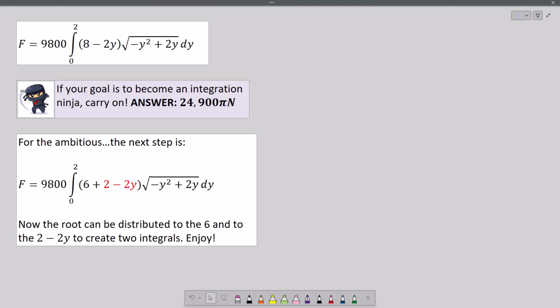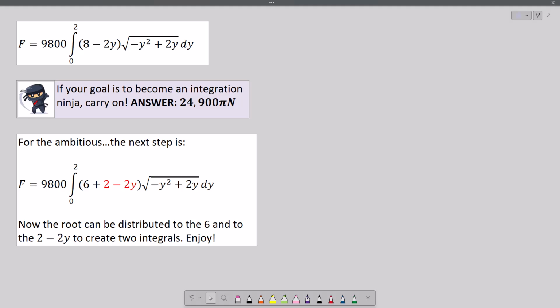You're going to distribute the square root to this quantity, the 2 minus 2y, and you're going to distribute it to the 6. And you'll see something fascinating if you go through the math there. And that will be the answer. But we'll just do the setup in here. And if you are motivated to go try to sharpen your integration skills, do that next couple of steps.